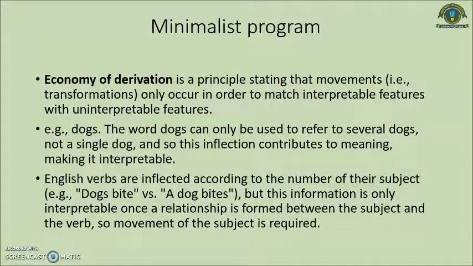For instance, this is just one word, and it is referring to an animal plus a lot of animals. It carries two meanings. It carries an animal, and this inflection s means a lot of them. So this present tense inflection is taking us to present time.